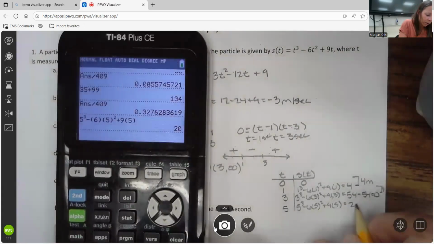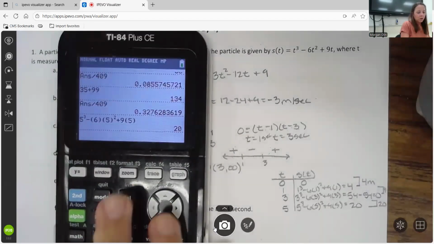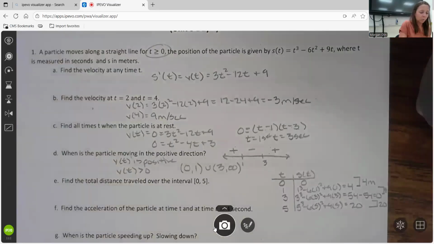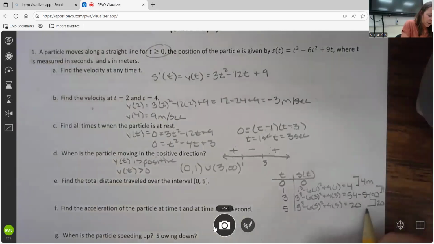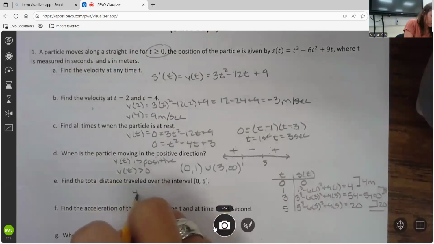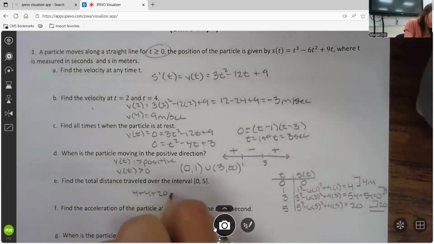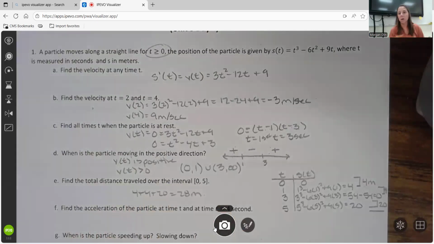So here we went from 0 to 20, which is 20 meters. How far did I actually go? 4 plus 4 plus 20 is 28 meters. So they went a total of 28 meters, which is the total distance. If it was just total displacement, it would be 0 to 20, so only 20 meters.